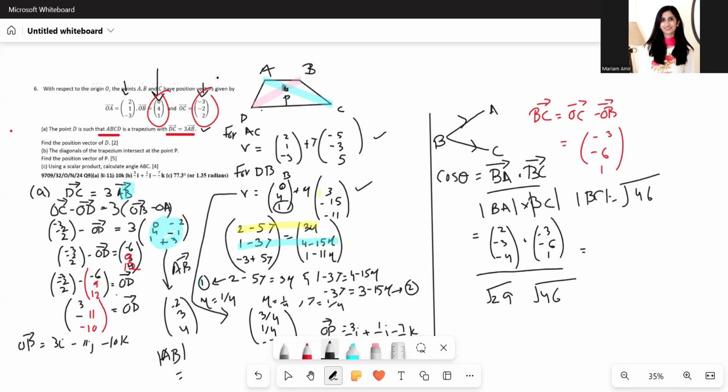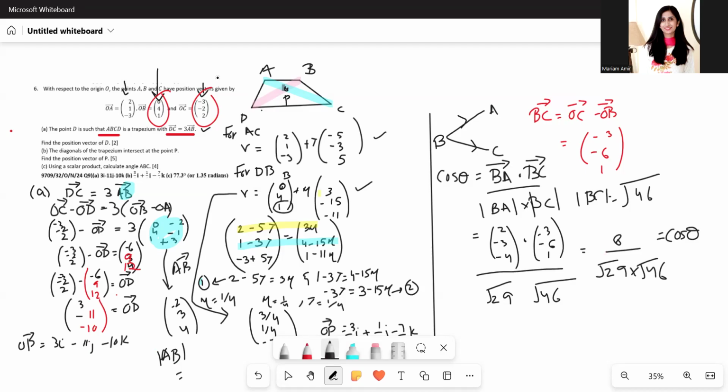Now let's apply dot product in the numerator, -6 plus 18, -4. That's an 8. So 8 upon square root of 29 times square root of 46 equals cos theta.